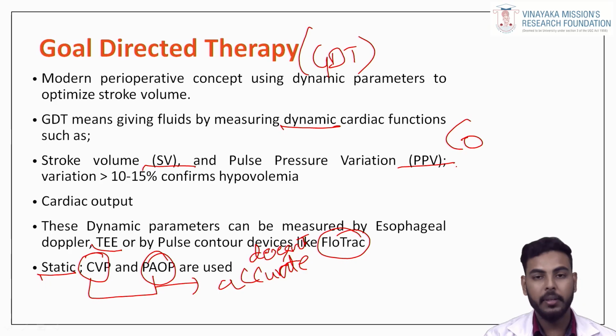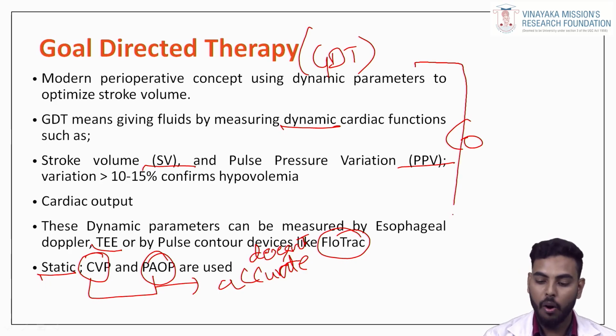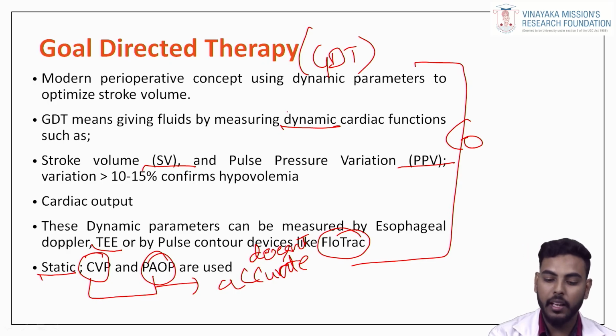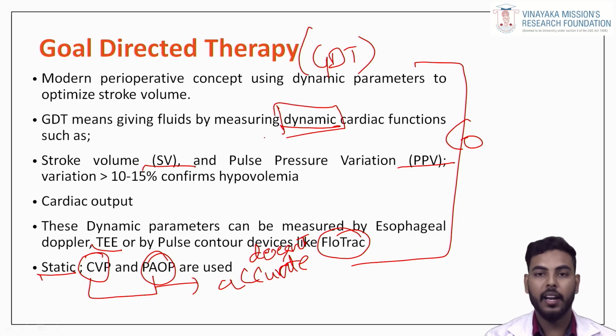Nowadays all these concepts are included in perioperative fluid management, that is goal directed therapy. Whatever amount we are aiming for the patient can be achieved using goal directed therapy, mainly using the dynamic parameters.